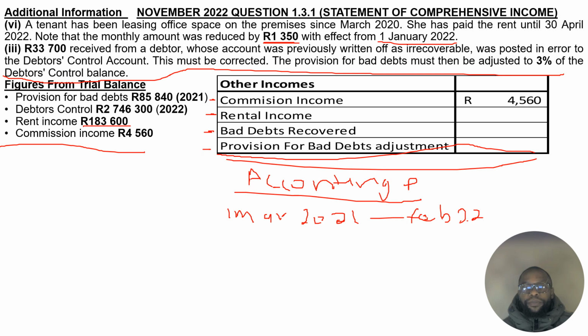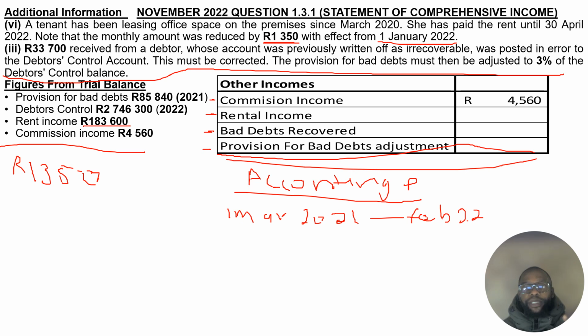So let's go and make our calculations. We are told there is a change of 1,350, and this one is from January to April.